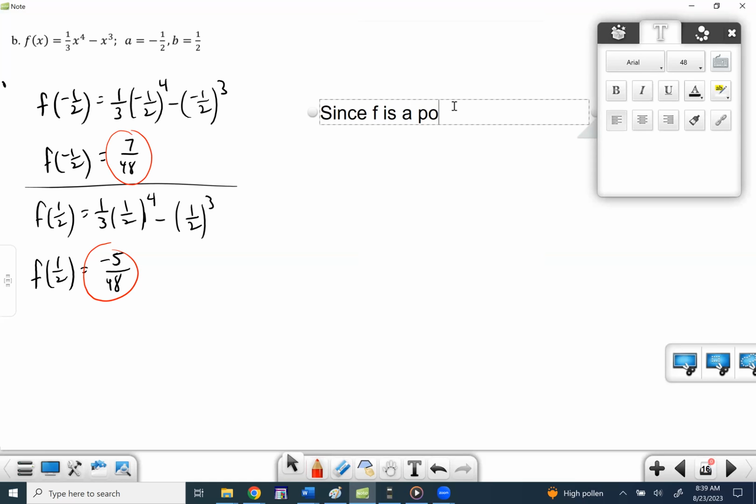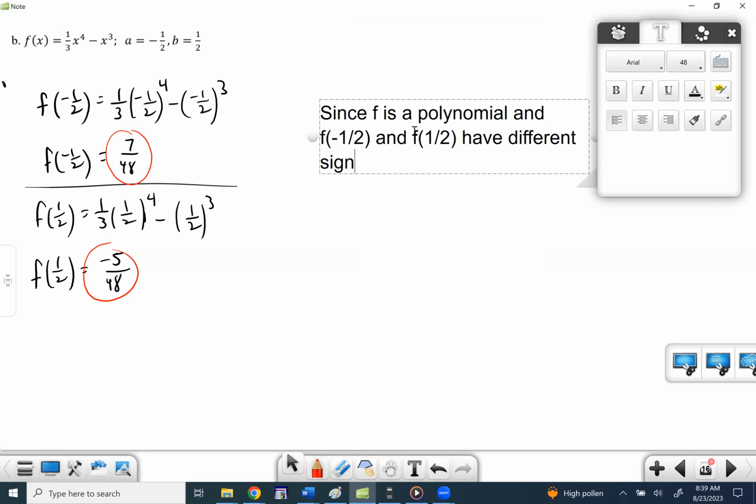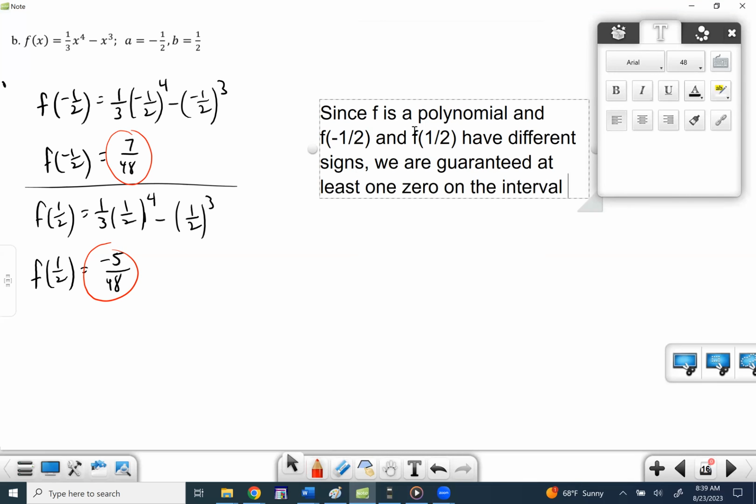Since f is a polynomial, therefore continuous, and f of -1/2 and f of +1/2 have different signs, we are guaranteed at least 1 zero on the interval of bracket -1/2 to 1/2 bracket by the intermediate value theorem.